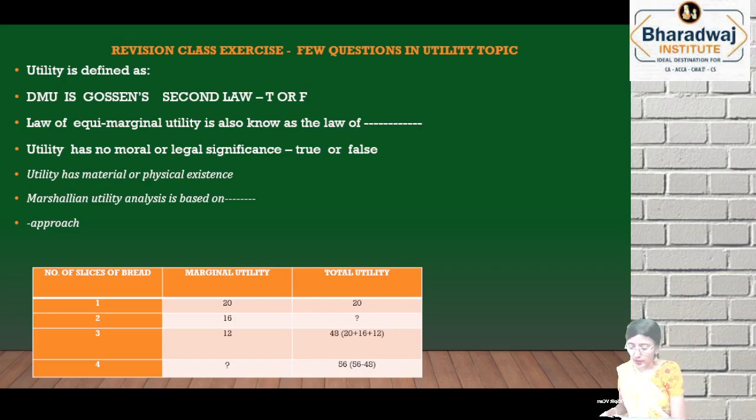Done. Okay. Let's release the key. Have you all exchanged your notebooks? Sorry, one more question is there. Formula for MU. Please do that also.